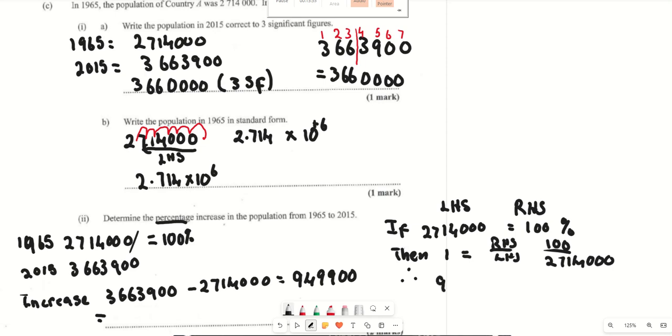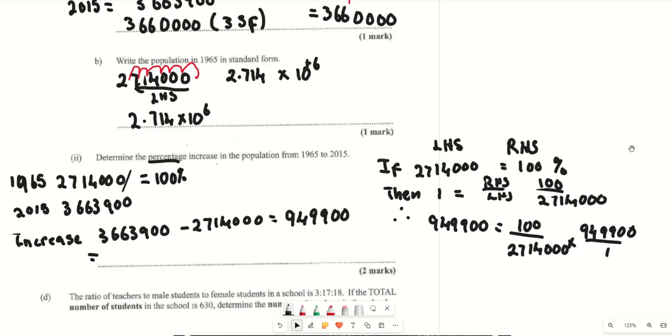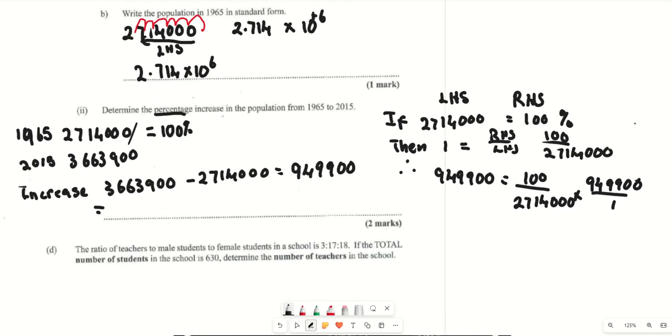So 949,900 would be equal to 100 over 2,714,000 multiplied by 949,900 over 1. When you do this on your calculator, you're going to get an answer of 35.